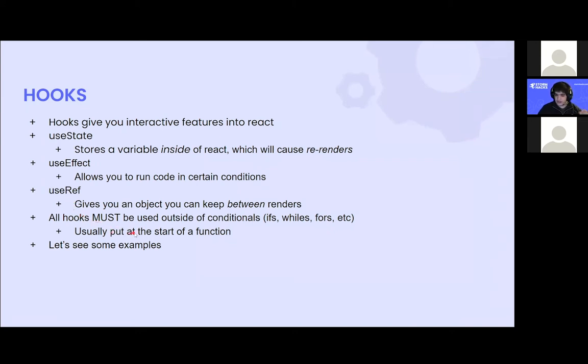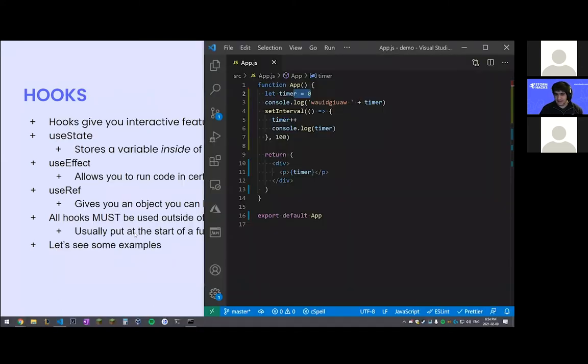All hooks, and this is important, must be absolutely outside of any condition, any for loops, if statements, or while loops. This is the fundamental rule of hooks. They must be outside of a condition. For example, we'll see useState in a second.